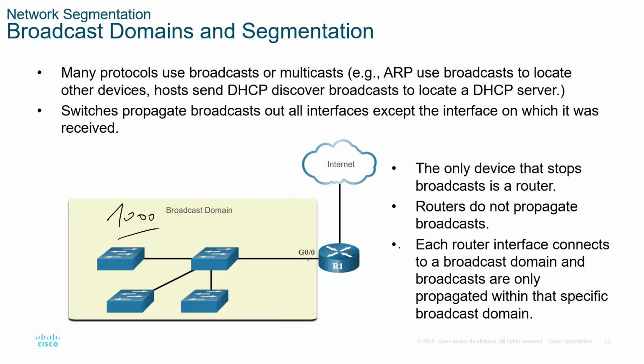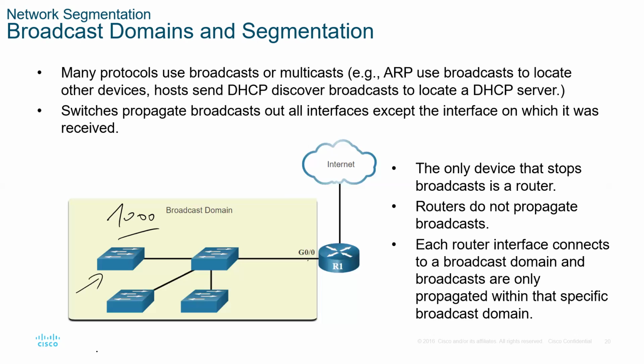It means probably these switches will process 1,000 frames. Every device in the network will process that frame as well, and that takes a toll on the network. The processing power of the network goes down, because it is dealing with all the broadcasts being sent in the network. So a large broadcast domain, we have it, but it has problems.